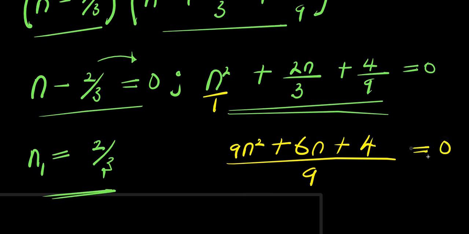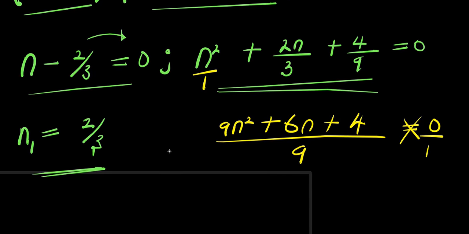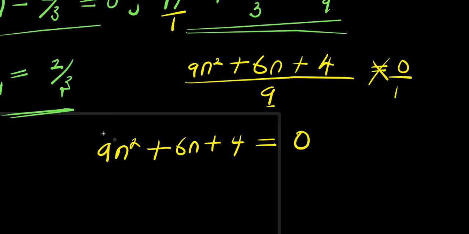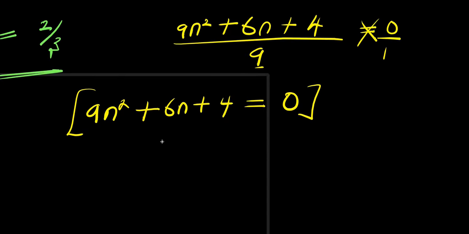This equals 0. So we cross multiply because this is over 1. So from here we have 9n squared plus 6n plus 4 equals 9 times 0, which is 0.